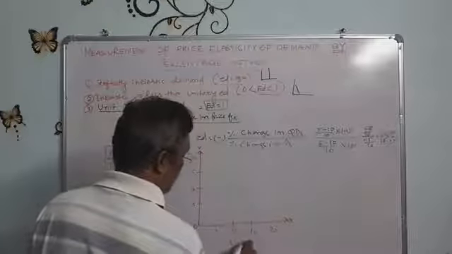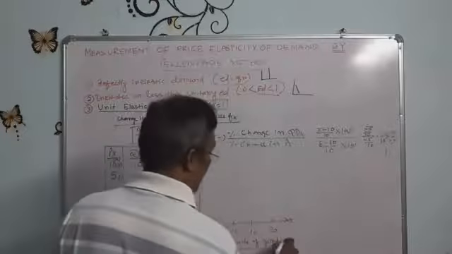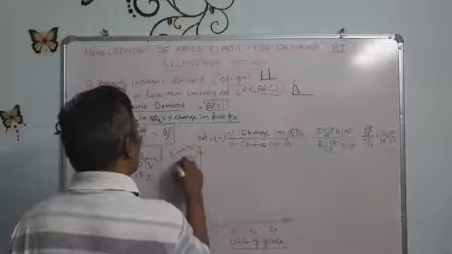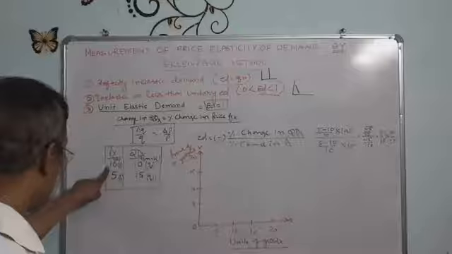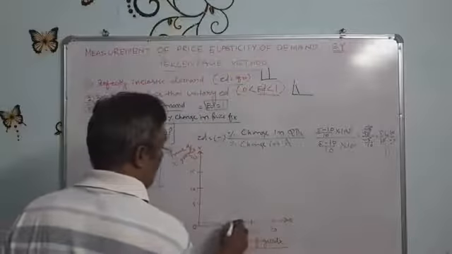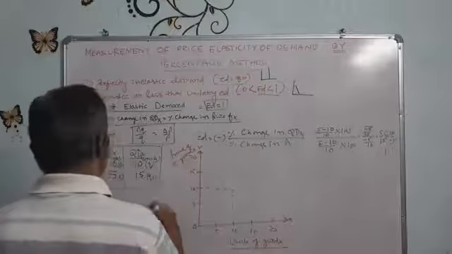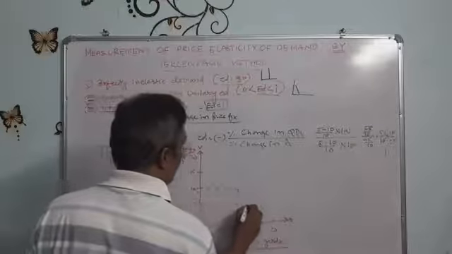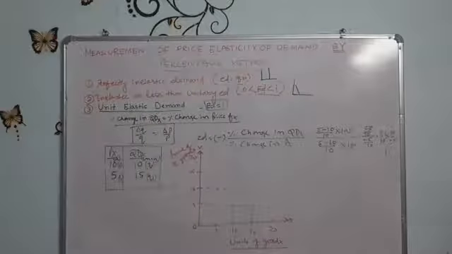These are units of good X demanded, and this is the price of good X. At 10 rupees, the quantity demanded is 10. When the price reduces from 10 to 5, the quantity demanded is 50.